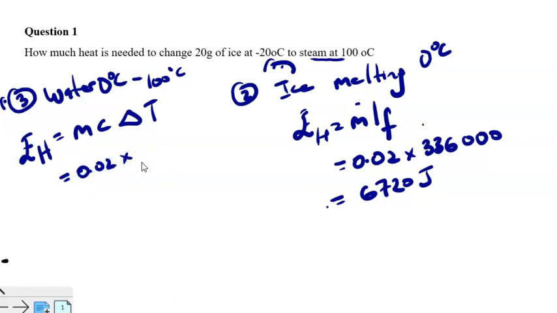The specific heat capacity of water, more likely to be given to you, is 4,200. And your change in temperature is going to be 100. Let's put that in your calculator. Oh, I just got it wrong for some strange reason. Times 100, and we end up with 8,400 joules.